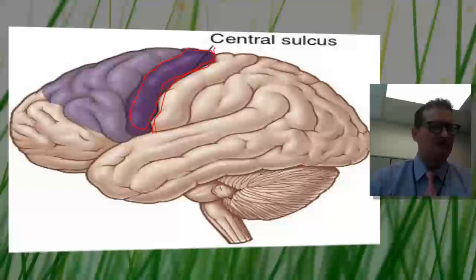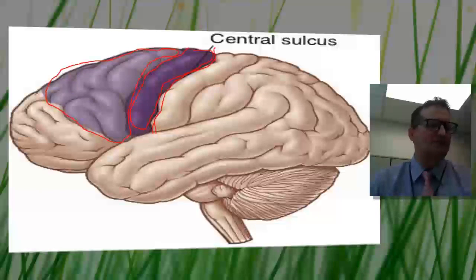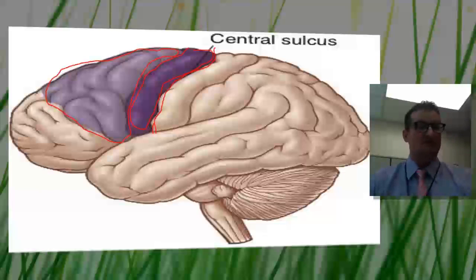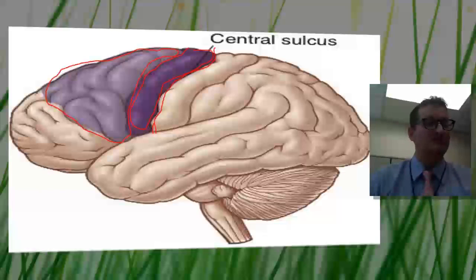Neurons in the motor association area, which is here in the frontal lobe, determine which movements are required to perform a specific task and send the appropriate signals to the precentral gyrus. Neurons in the precentral gyrus then send impulses through the motor tracts in the brainstem and spinal cord to the skeletal muscles where movement occurs.